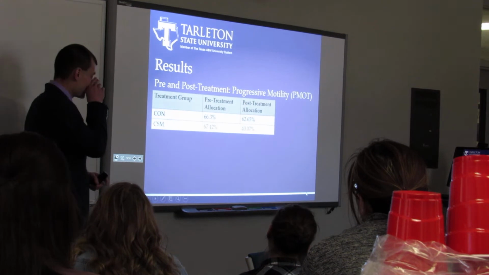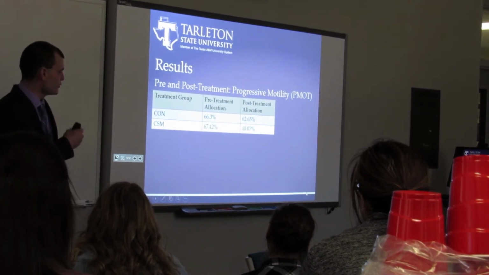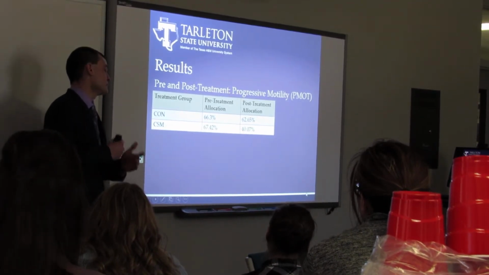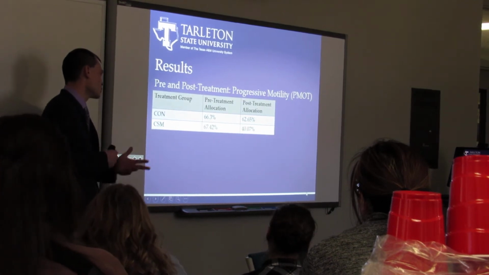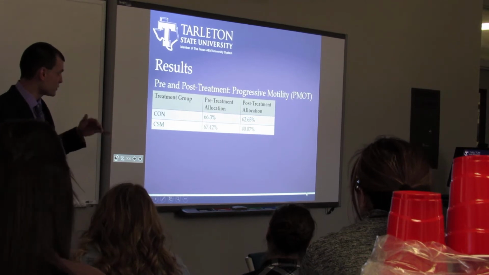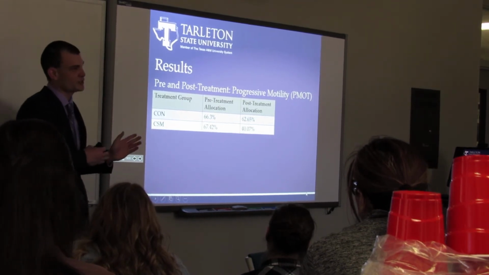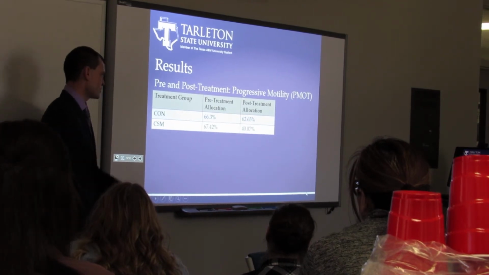For cells exhibiting progressive motility, our cottonseed meal fed group had another significant difference when compared back to the control group. And it's interesting to note because our treatment group actually had a higher percentage pre-treatment allocation, but then at the conclusion of the study, they had dramatically decreased to just over 40% of progressive motile cells.